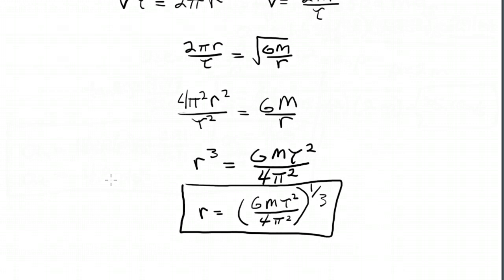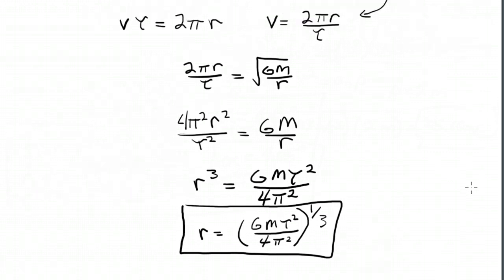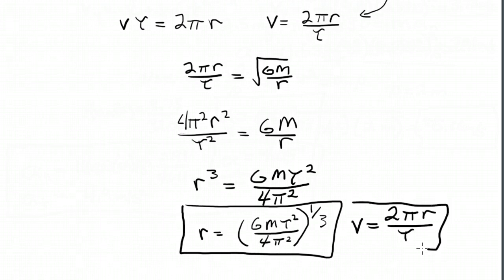We had an expression for v up above. Let me rewrite that. Once we figure out r, v is 2 pi r divided by the period. We know the period, that's this value here.